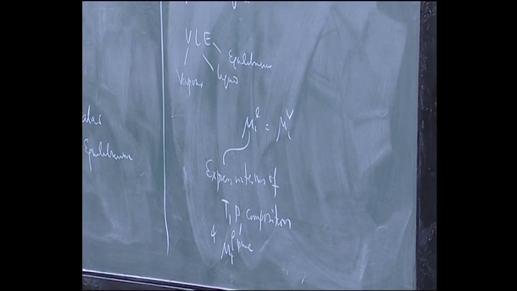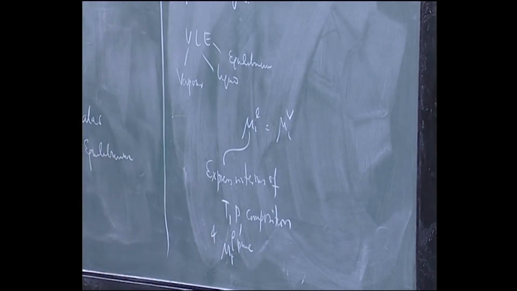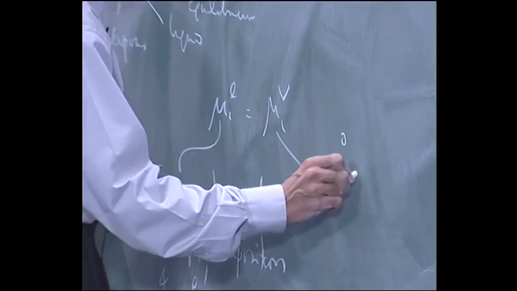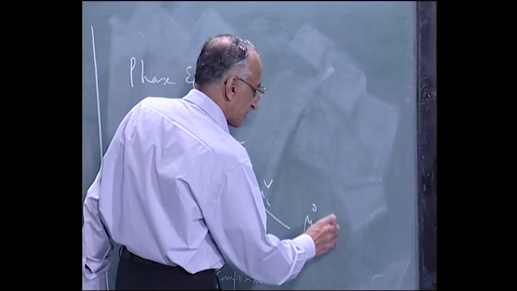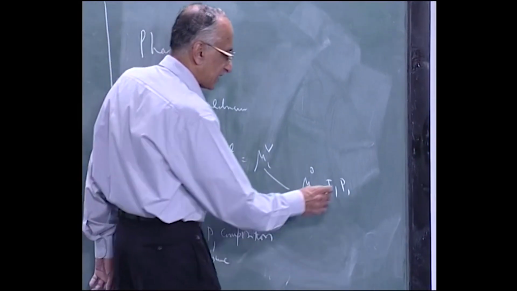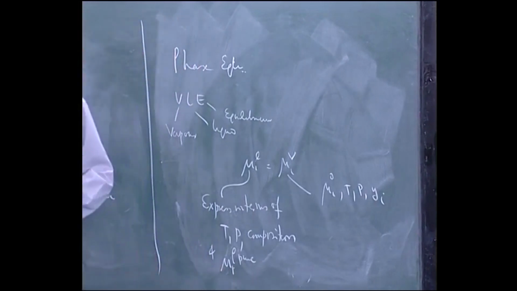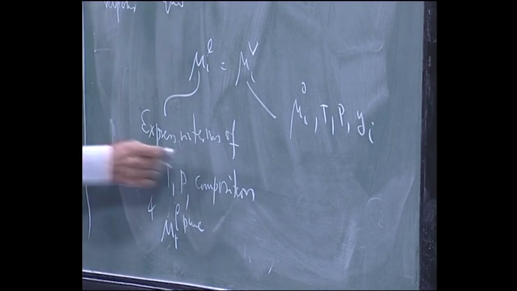When you write it for the liquid phase, this is mu I liquid pure. This will come out similarly in terms of mu I 0 always, will come out in terms of T. What we will do hereafter for composition in the gas phase, we will use Y, for liquid phase we use X, that seems to be a convention, composition Xi.